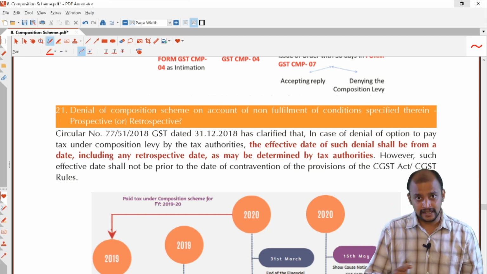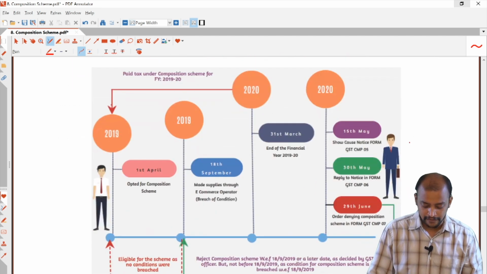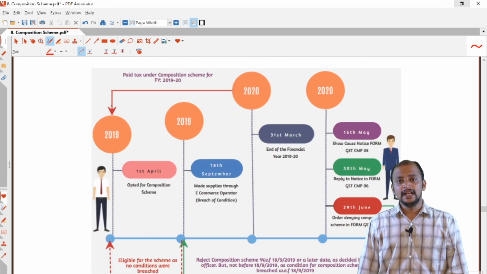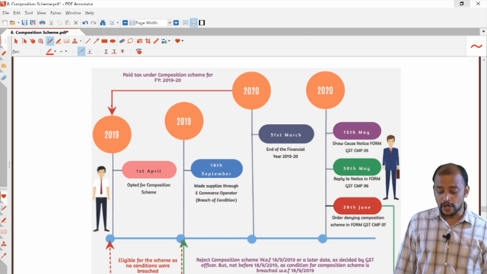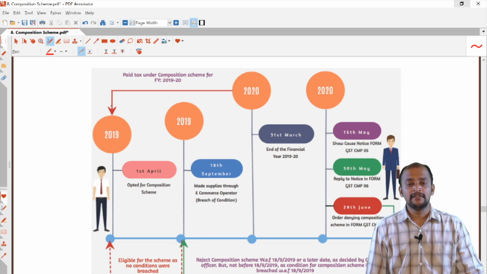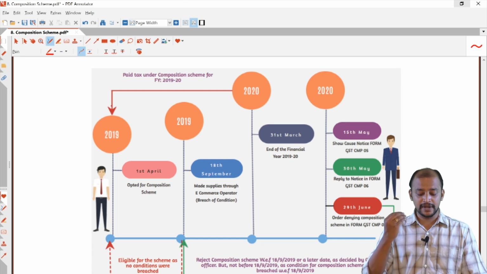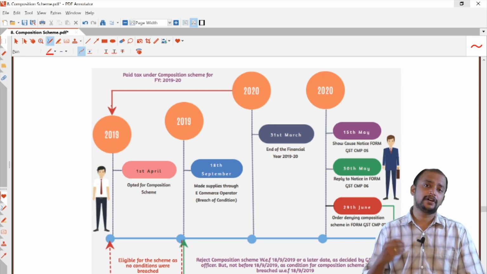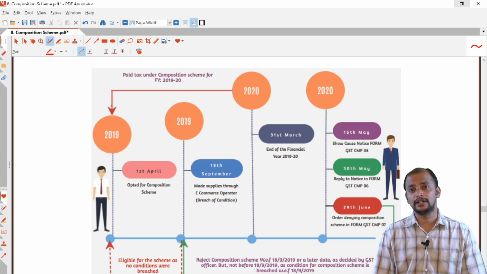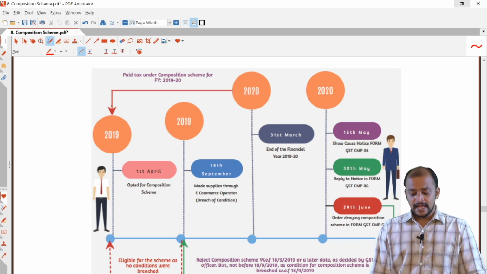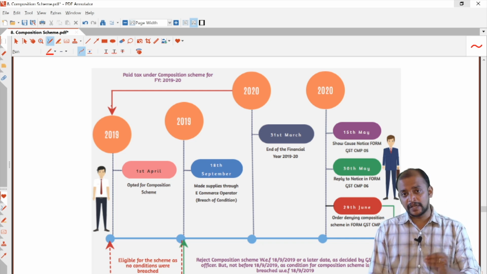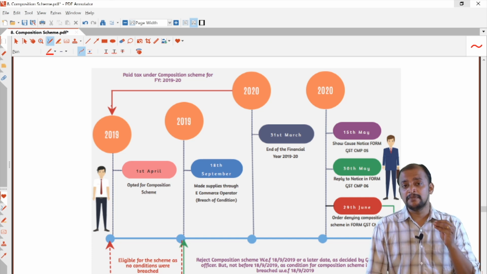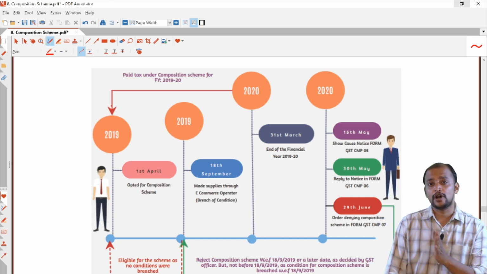To understand this, I am just giving you an example. Have a look at this example. There is one person who has opted for the composition scheme. He commenced the business on 1st April 2019 and opted for the composition scheme. Then on 18th September 2019 he made supplies through an e-commerce operator.